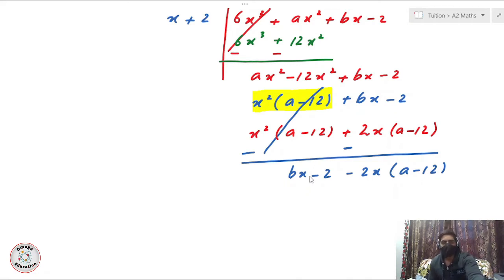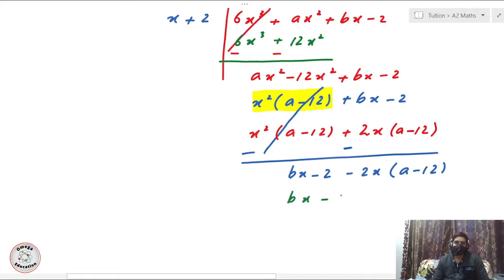Now what you can try to do is arrange the like terms together. So if I try to expand it, I mean it's just the same step. I'm doing nothing but expanding the brackets and trying to arrange the like terms.